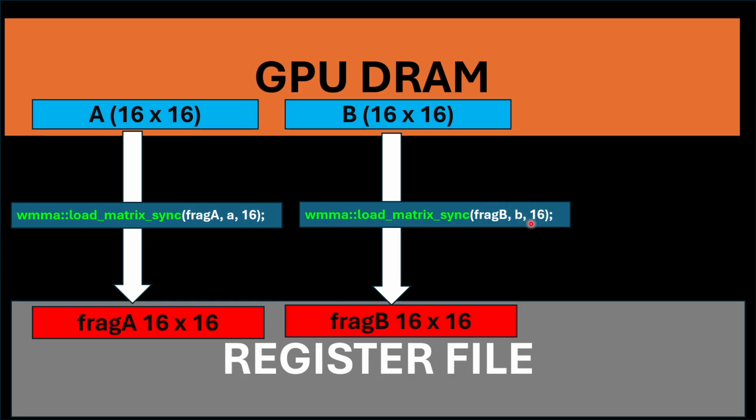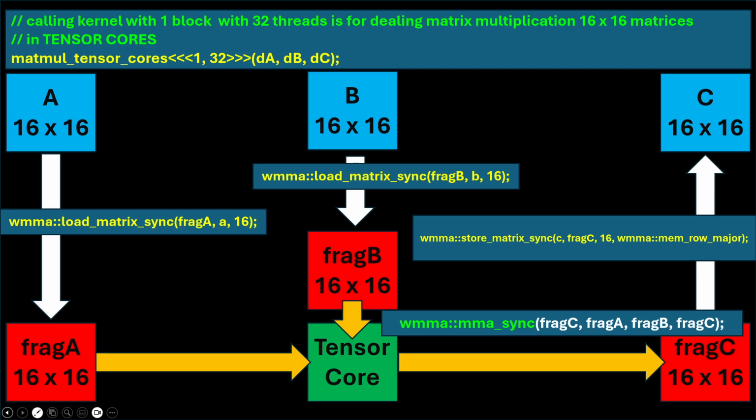We do it column by column, 16 elements each, and put it in fragment B, which is inside the register file. Once again, these sizes correspond to each other. So we have these instructions now explained. Let's go further.